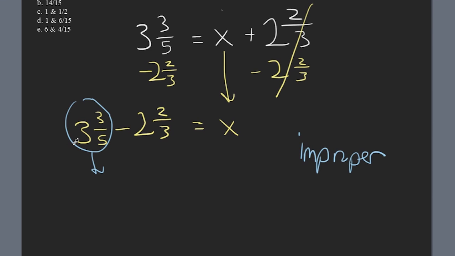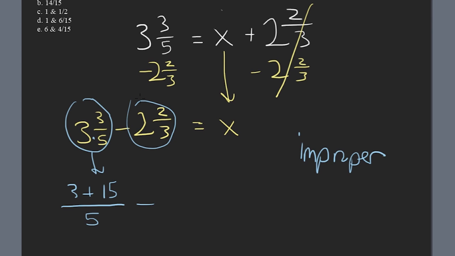Alright, so 3 and 3/5, I'm going to multiply these numbers, 3 and 5. I multiply the big number times the denominator, that's 15, and I'm going to add it to the numerator, and it's all over 5. Same thing here. I recommend, if this is new to you, try to do the same process I did with this one.